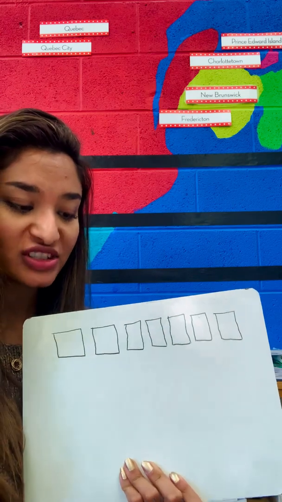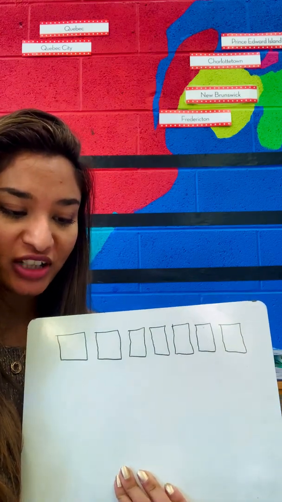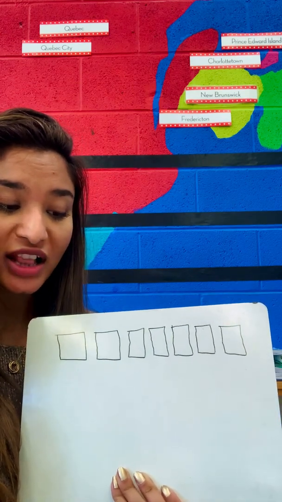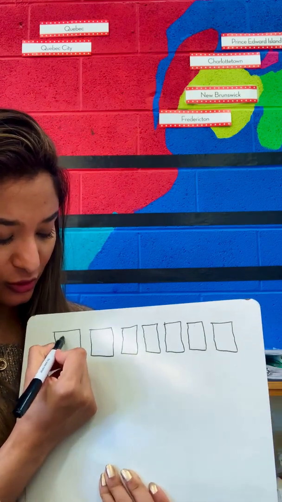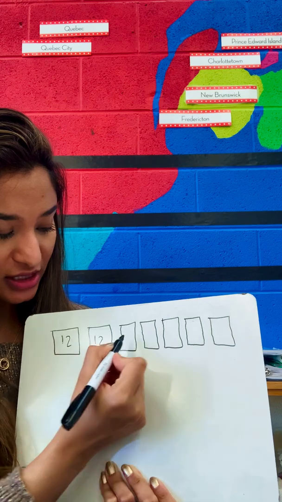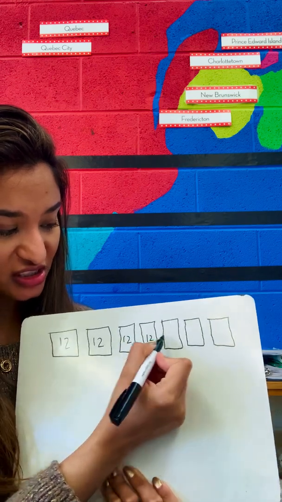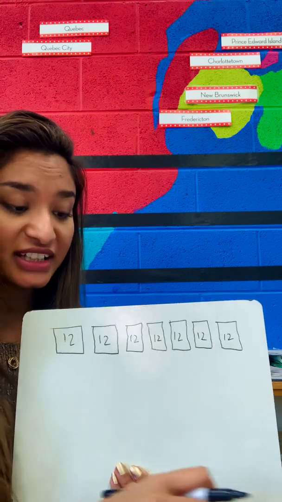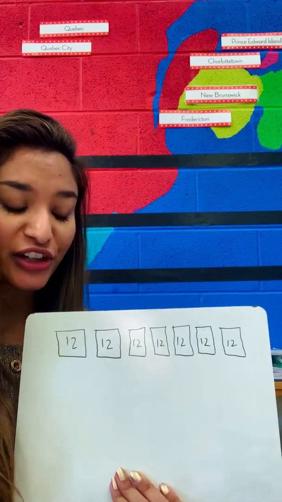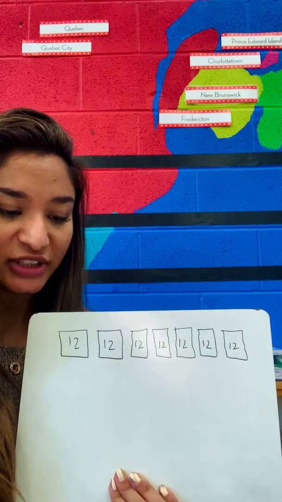And how many? So it says there were 7 boxes of blue and red pens. There were 12 pens in each box. So let's go ahead and write 12 so we know there are 12 in each of these, right? Now they're saying if there were 36 red pens, how many blue pens were there?